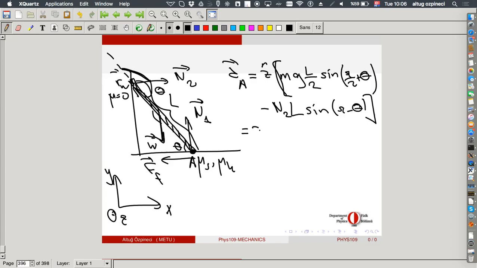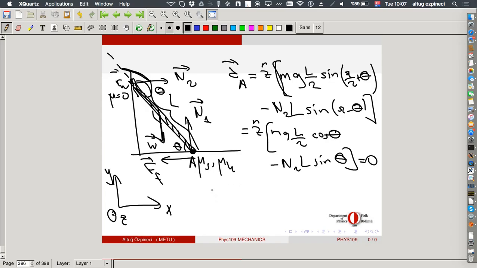Let us simplify it a bit. This is mg L/2 cosine theta minus N2 L sine theta. And since my object is not rotating around that point, it has zero angular acceleration around that point, this torque should be 0.